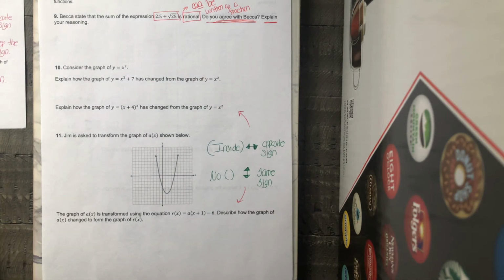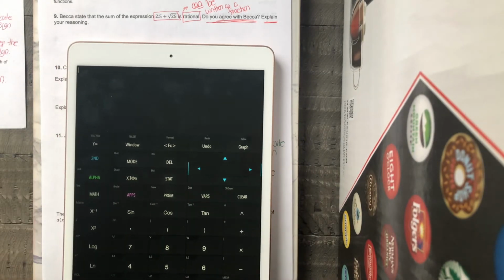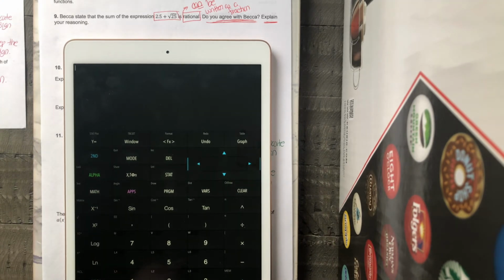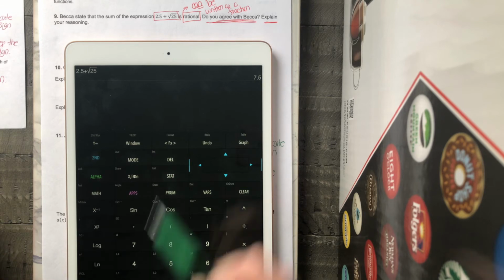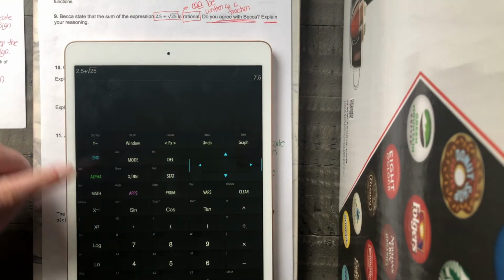Well, those are numbers. I have a calculator, so I'm absolutely going to type those in. So here I go. I have 2.5 plus the square root of 25, enter, and I get 7.5. So I'm just going to check, can that be written as a fraction?